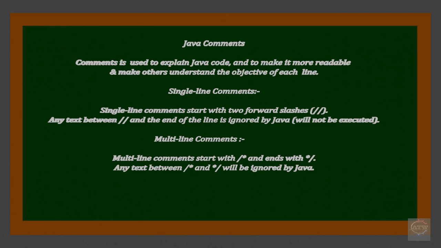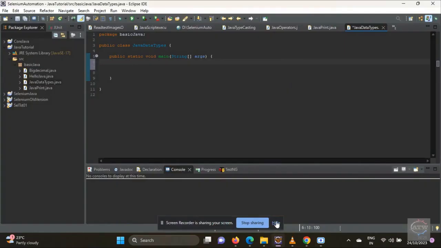The second one is multi-line comments. It starts with a forward slash with asterisk and ends with an asterisk and forward slash. Let's open our program and see how it's used. I am going to type two forward slashes with a single line comment.